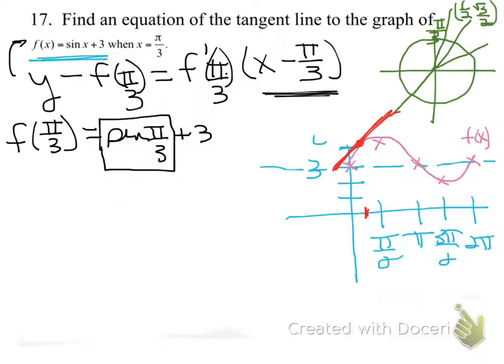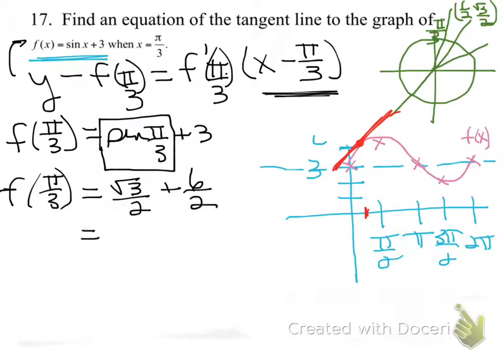So the sine value is root 3 over 2. So this is root 3 over 2 plus 3. Can I do that in a prettier fashion? Why don't we say 3 is also equivalent to 6 over 2. So let's replace the 3 with 6 over 2.